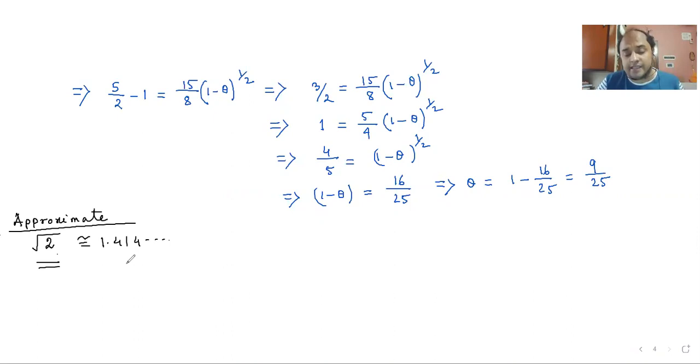Even if I cannot guess it, can I say that between these two numbers root 2 may lie? Or suppose I am giving you a number like 1.75 and the square root of that. Immediately you cannot say what is the square root of this number. Can I guess this number will have some value lying between this and that point?